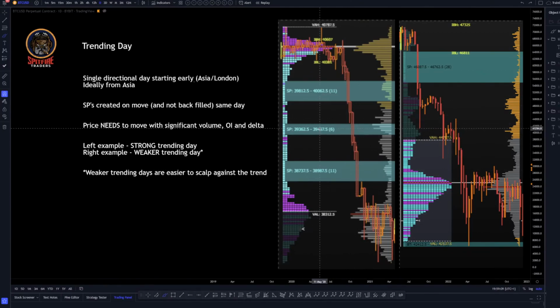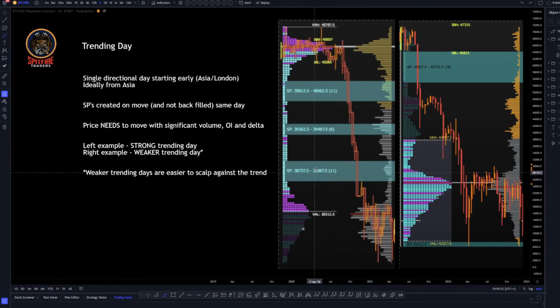So that's something you really need to take into account. But either way, you've got a lot of negative delta when price moves down. So you might not get the positive open interest, but you are getting the negative delta and the significant volume. If you do see it with open interest, then even better, even stronger. That means people are actively shorting it as it moves down.